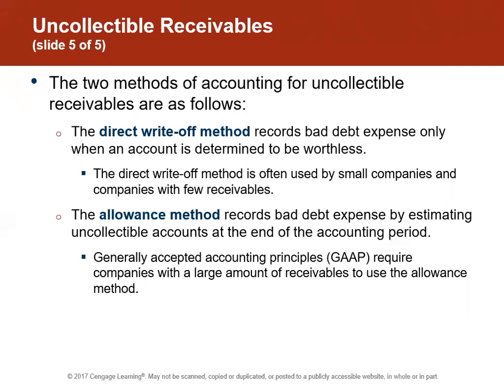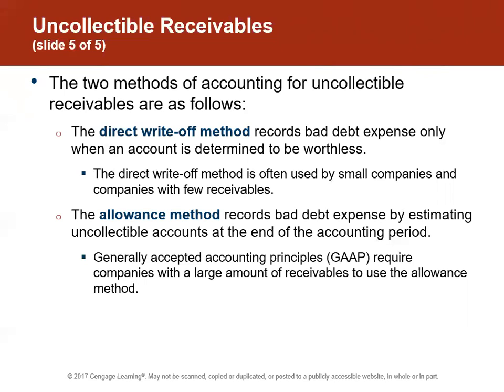So again, the difference is with the direct write-off method, we're literally going through our accounts receivable and saying this person's not going to pay, this person's not going to pay. And we're not just doing that randomly, like eeny, meeny, miny, moe. We're looking at how old the account is. Do we call their phone number and it's busy, like they've disconnected their phone? Those kinds of things. So we have some standards that we look at.